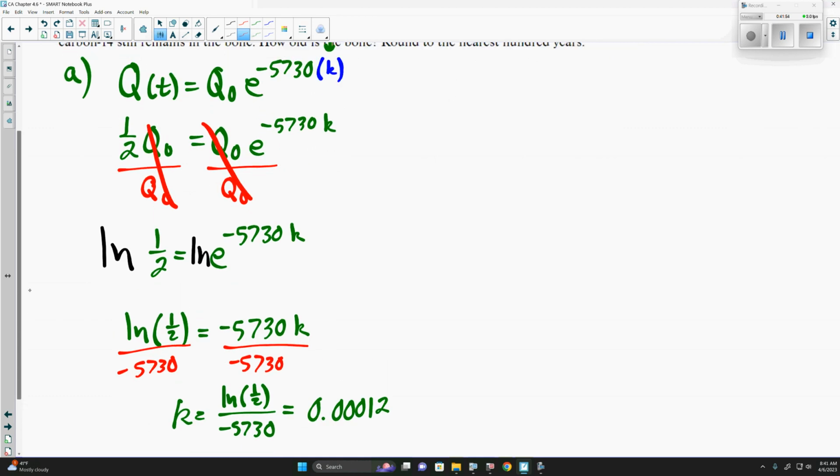So that tells us that our original equation, all the way back up here, Q of T is equal to Q naught e to the negative 0.00012 T.